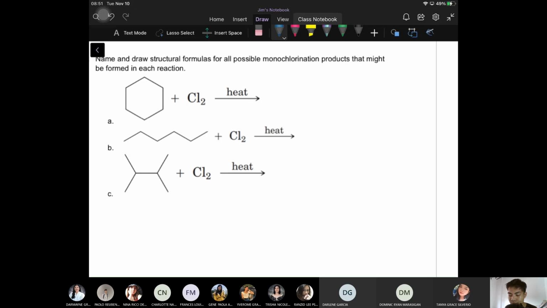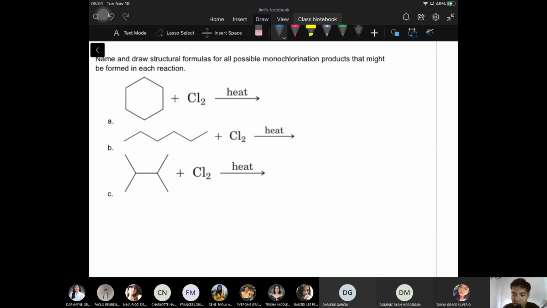Okay? So, kapag magaganito kayo, you draw all the possible products. Lahat ng isomers din. Okay? So, sige.